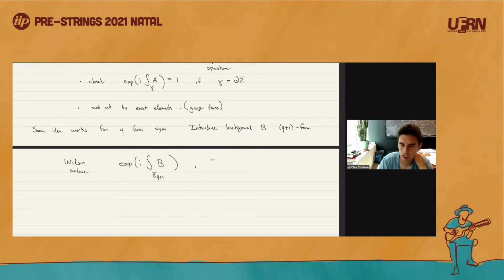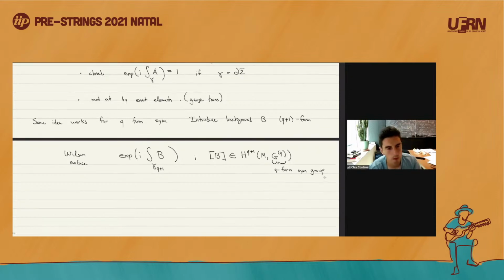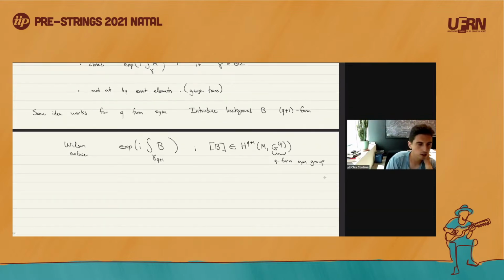And what this means is that the gauge equivalence class of this gauge field is in H^{Q+1} of M with coefficients in G^(Q), where this is the Q-form symmetry of your theory. So maybe to bring it back to the partition function, we're used to saying that the partition function Z is a function of the sources.